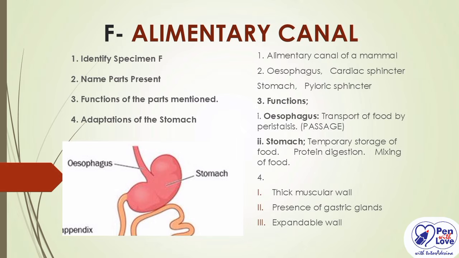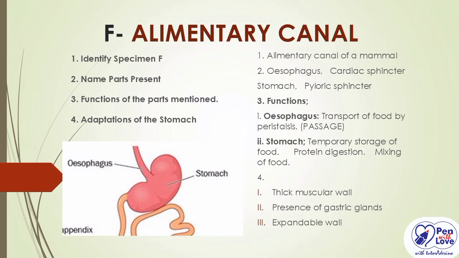It also digests protein because of the presence of gastric juice, and the production of enzymes like renin and pepsin, which help to digest protein. It also helps in mixing food in the stomach, which turns into chyme, and it continues its further digestion.